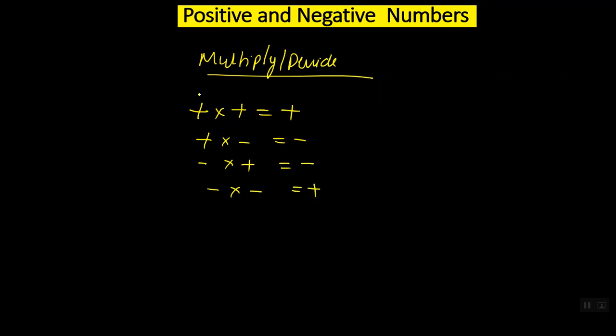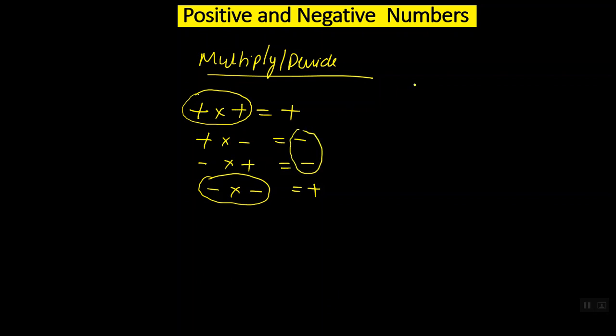So look, if you are multiplying two numbers which have the same sign, either negative or positive, their result is always going to be positive. But if you are multiplying two numbers which have opposite signs, one positive and one negative, they turn out to be negative.